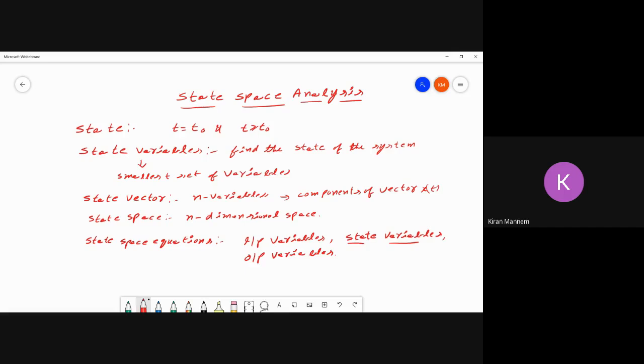Generally, to find the state we use some memory elements, right? Integrators will serve this purpose.